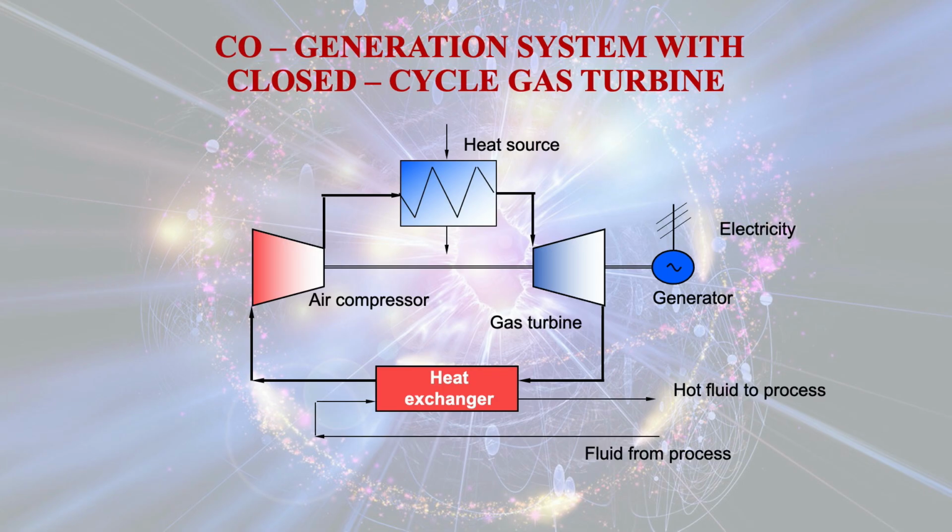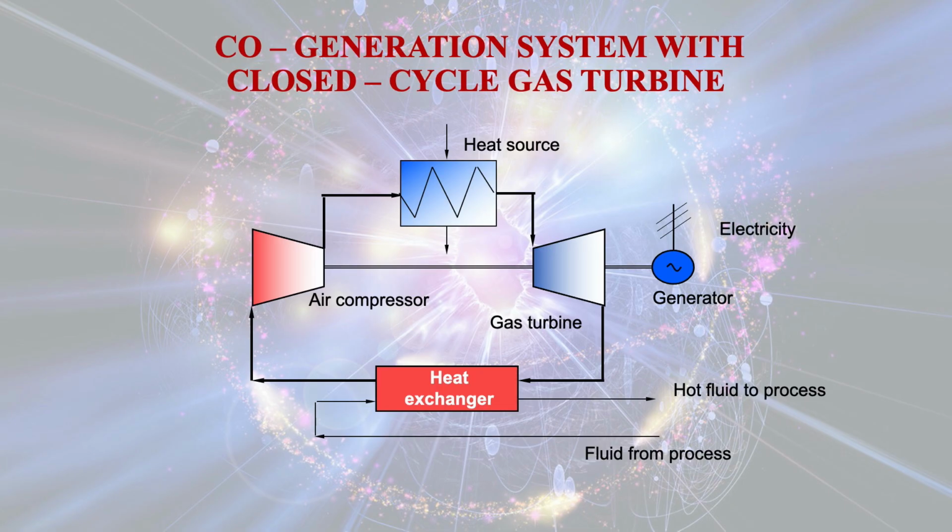The high pressure and high temperature combustion gas comes out from the combustion chamber and enters the gas turbine, and the gas turbine shaft is coupled with the shaft of the generator. In turn, generator is producing electricity.